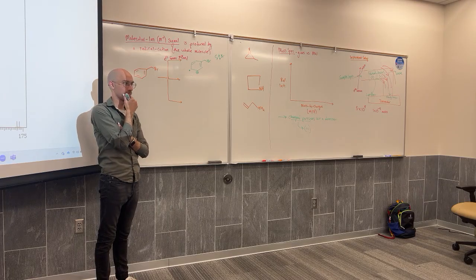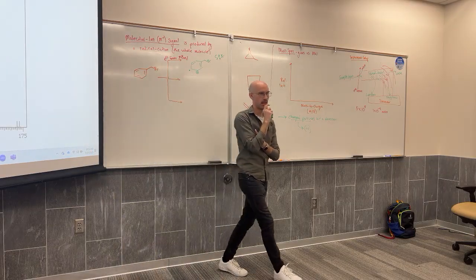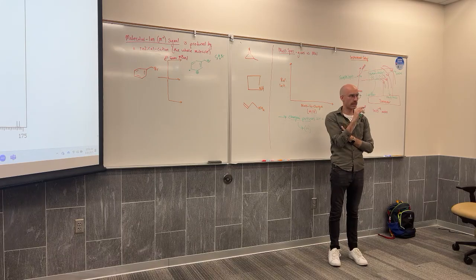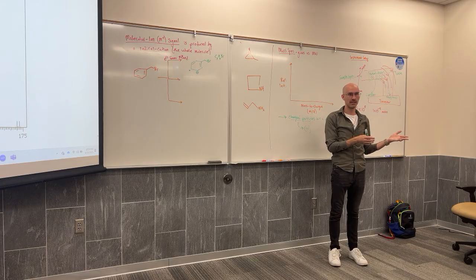plus bromine. Now if you look at bromine's mass on the periodic table, it will tell you 79.9. But bromine does not weigh 79.9. Bromine weighs 79, 51% of the time, and 81, 49% of the time.